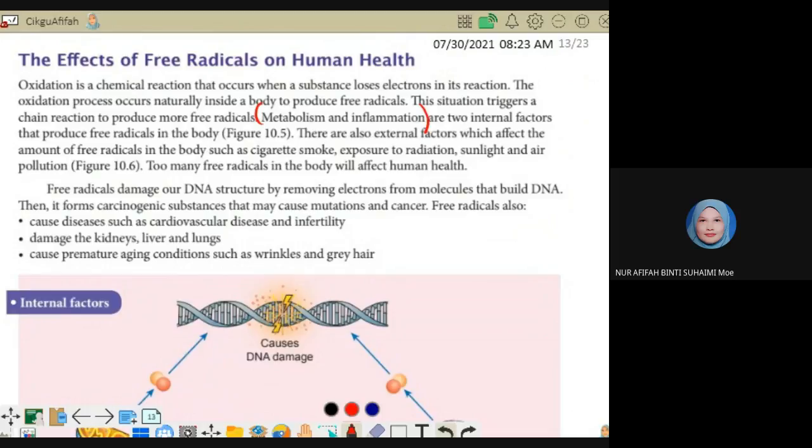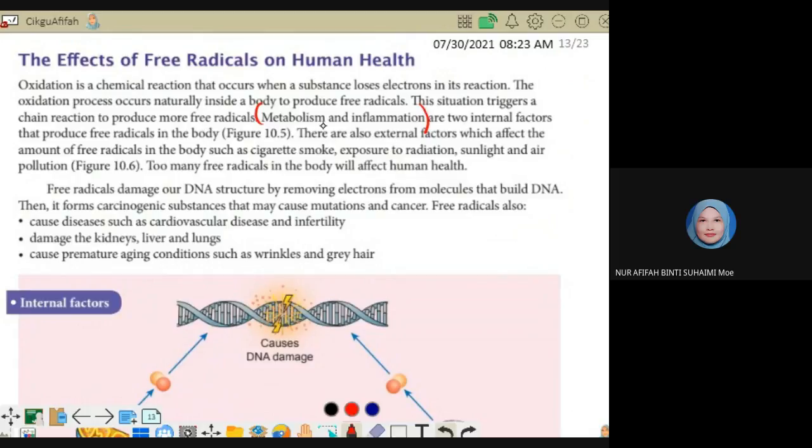Okay, then the second one is inflammation. Inflammation occurs in the white blood cell, during the reaction against disease. These two processes are two internal factors that produce free radicals in our body.